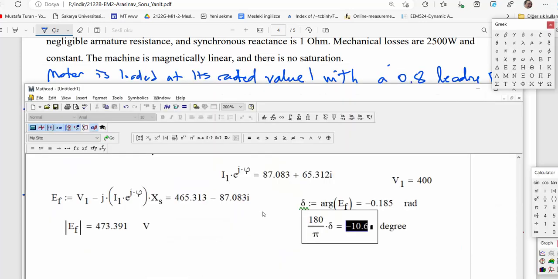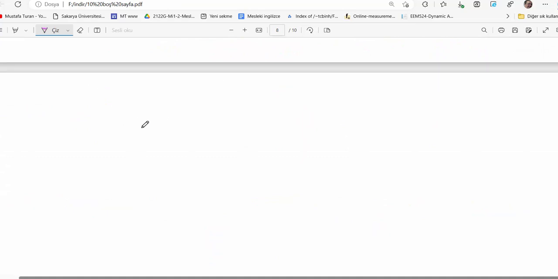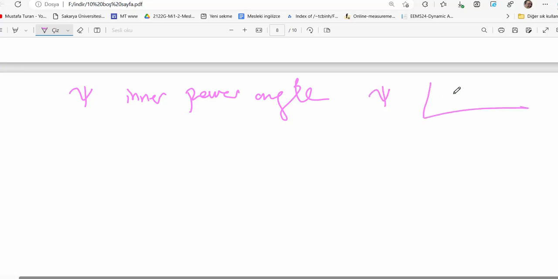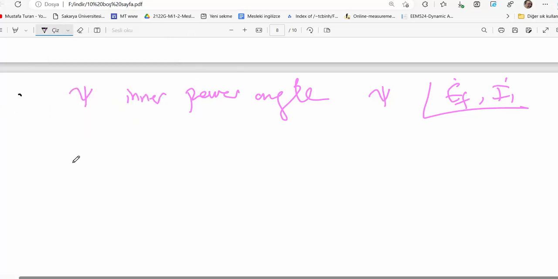What is psi? Houston, remember, psi was the inner power angle. It's a special angle. That is the angle between EF and I1 phasors. Please remember the similarities.